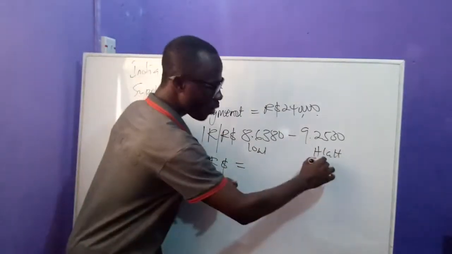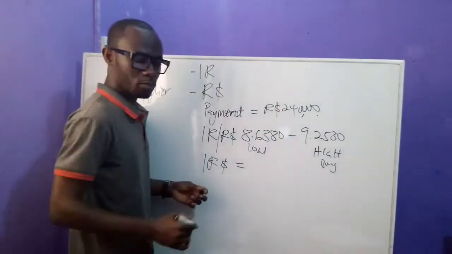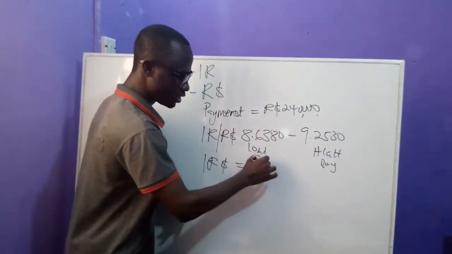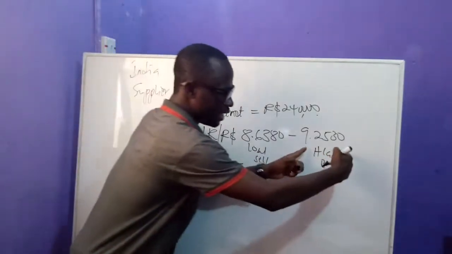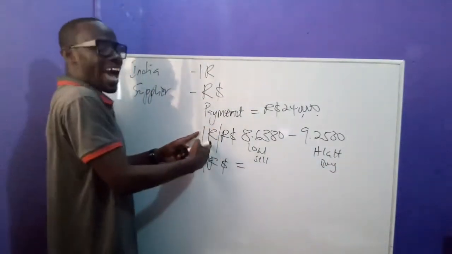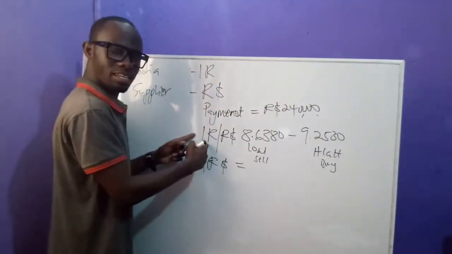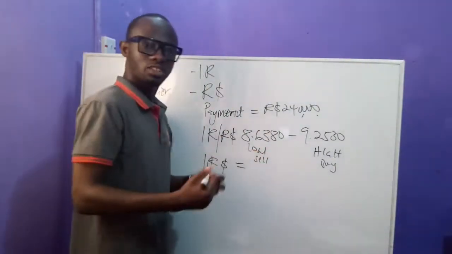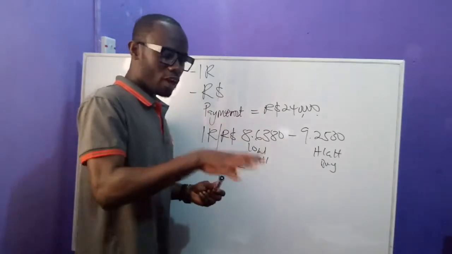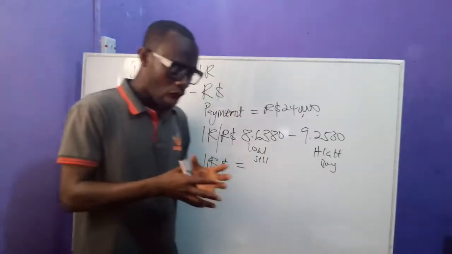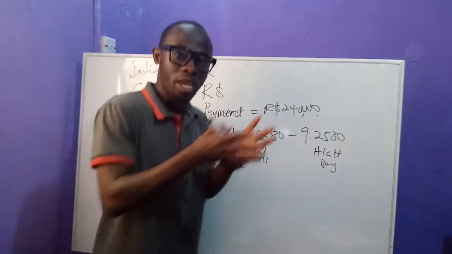So high will always be buy from the forex perspective, low will always be sell. So this is the rate at which they buy Indian rupee. This is the rate at which they sell Indian rupee. If you look at the scenario carefully, you will realize that the examiner is asking us, how much Indian rupee must we pay?